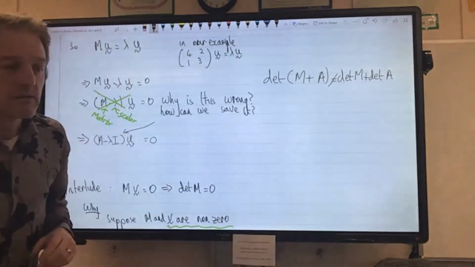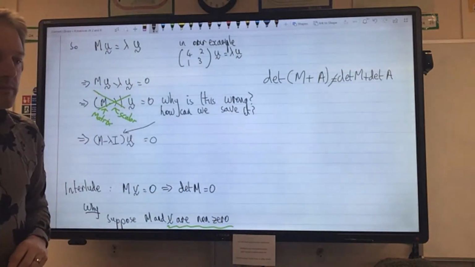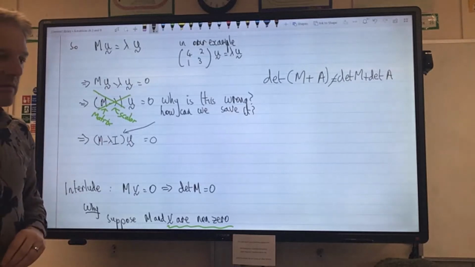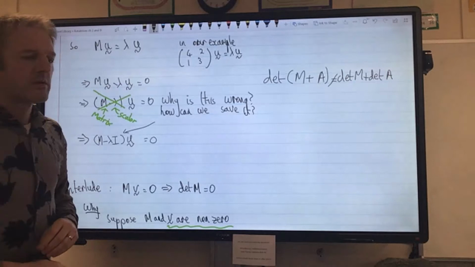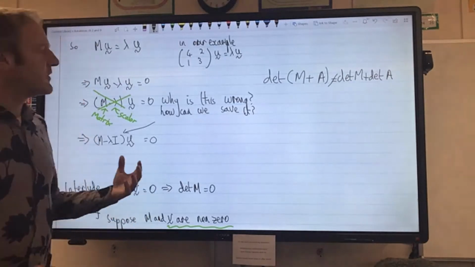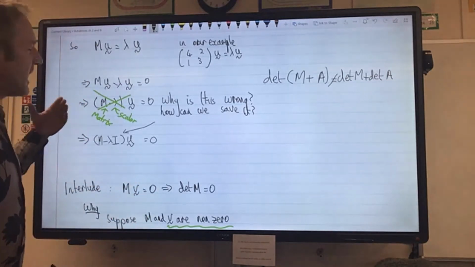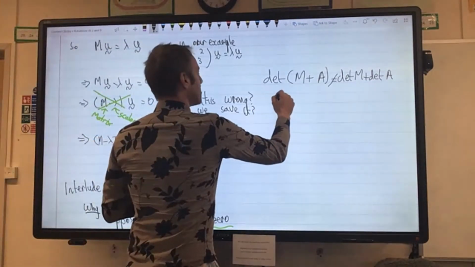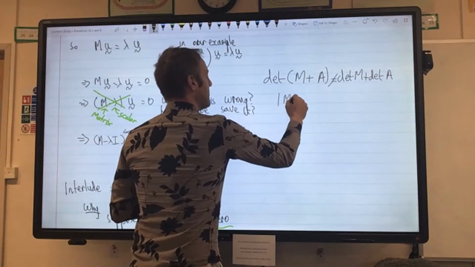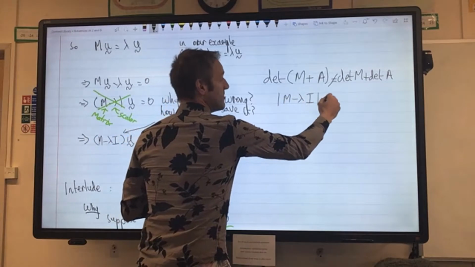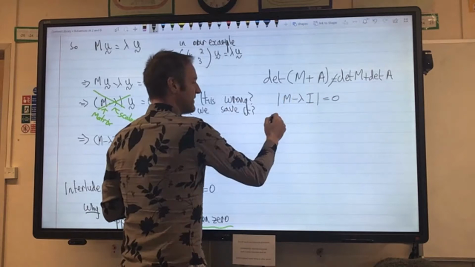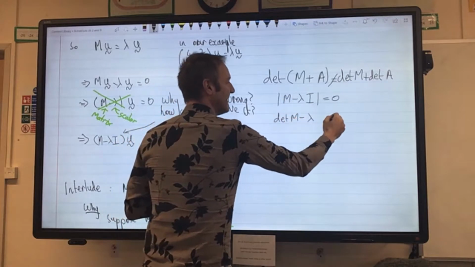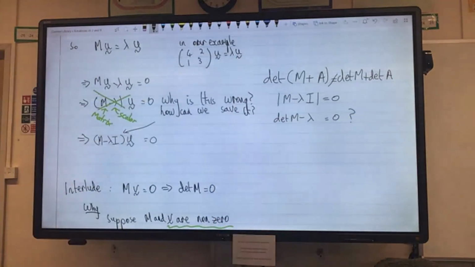Yeah, I know it's not true, but I'm not sure why. You said matrix are not minus lambda, so I just changed the matrix into a scalar, so it's the determinant of the matrix, and let it minus lambda. I think it comes to the same thing. So I think what you're saying is, determinant of M minus lambda I equal to 0, that's my characteristic, is that the same as, say, the determinant of M minus lambda? Is that what you're suggesting?